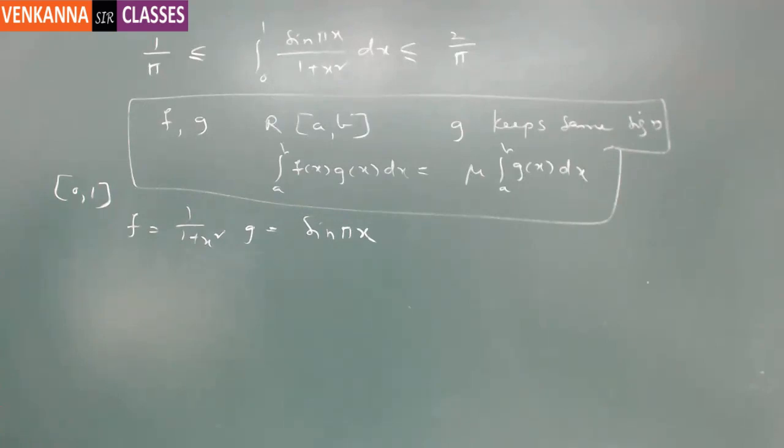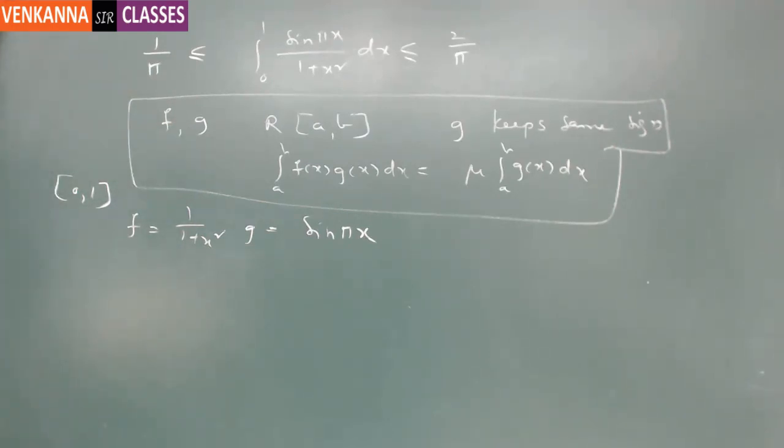So f is a monotone function, and by known result, f is Riemann integrable. Since the function g is continuous, it is Riemann integrable. You can also write like this: f and g both are continuous functions. 1 by 1 plus x square is continuous, sin pi x is continuous. Therefore, they are Riemann integrable on the given interval 0, 1. So the first condition of the statement is satisfied.